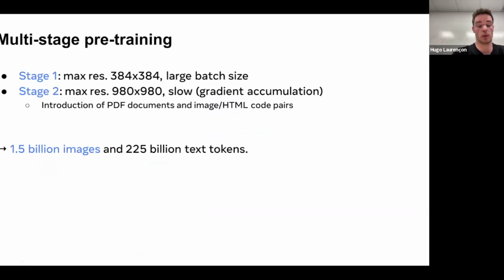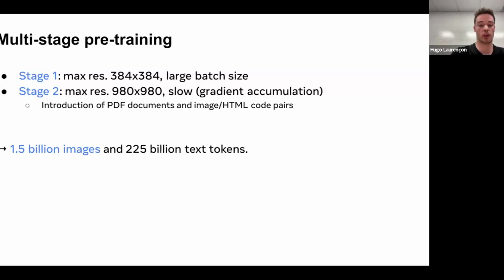So during stage one, we kept a max resolution size of 384 by 384, and we use a large batch size. And during stage two, we increased this resolution. So of course it takes longer, and you also have to reduce the batch size in order to fit in memory.